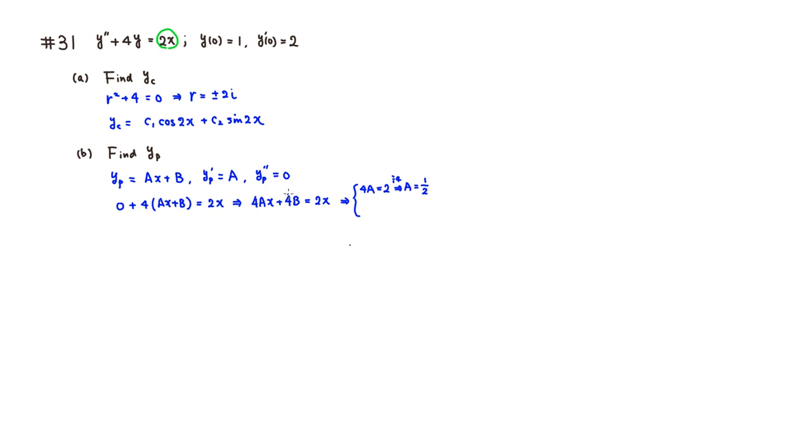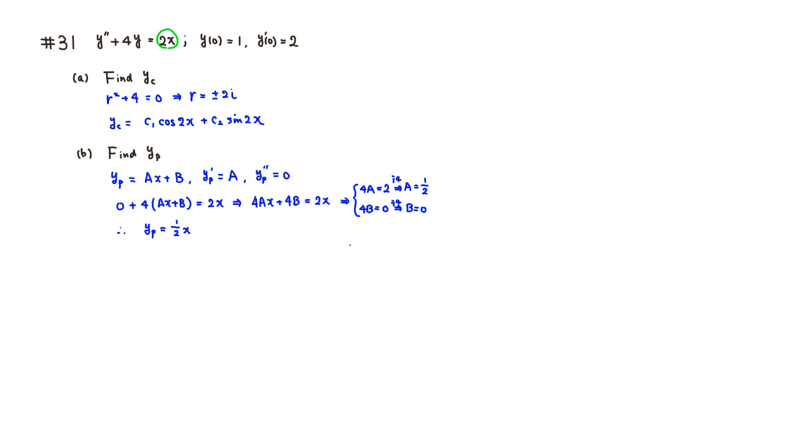And the constant term on the left is 4b, and the constant term on the right is 0. So b, dividing through by 4, is equal to 0. Therefore, we have a complete formula for the particular solution. Y sub p is equal to 1/2 x.